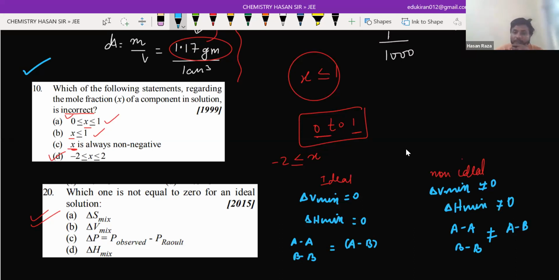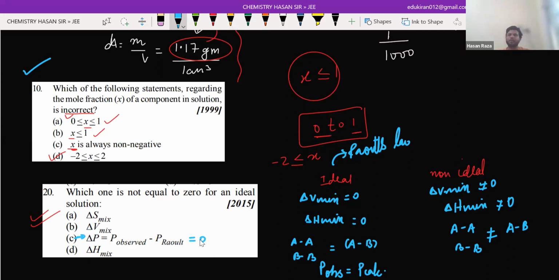Now there is another important thing. It follows Raoult's law. If it follows Raoult's law, that means P observed will be equal to P calculated. And if the observed pressure is equal to the calculated pressure, then if you calculate delta P, it will be equal to 0.